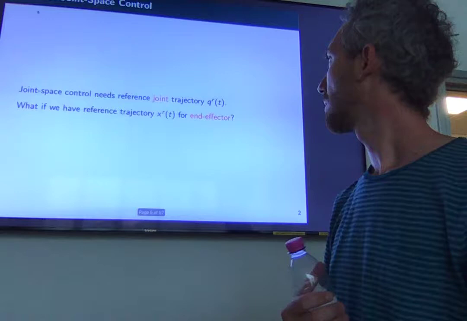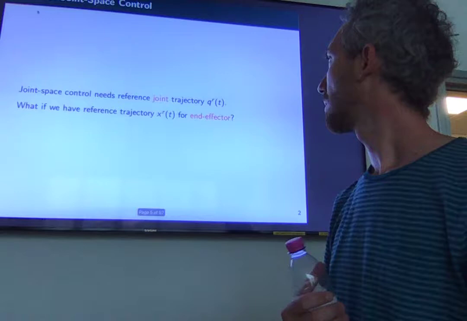And there is also another issue, which is that tracking this reference trajectory qr would be sufficient to track the end effector trajectory, but not necessary, because the robot would reject any perturbation that is pushing it away from the reference joint trajectory, even if it's a perturbation that doesn't affect the position of the end effector.